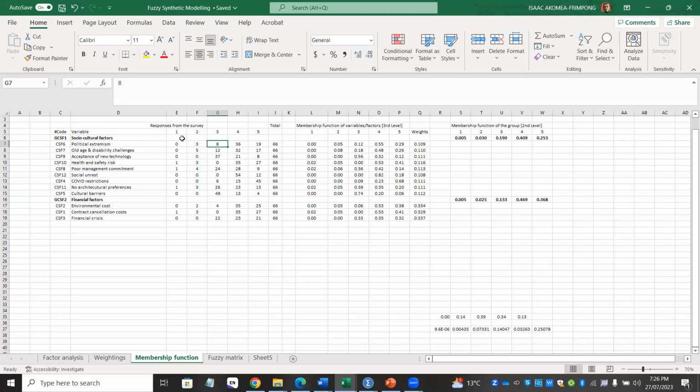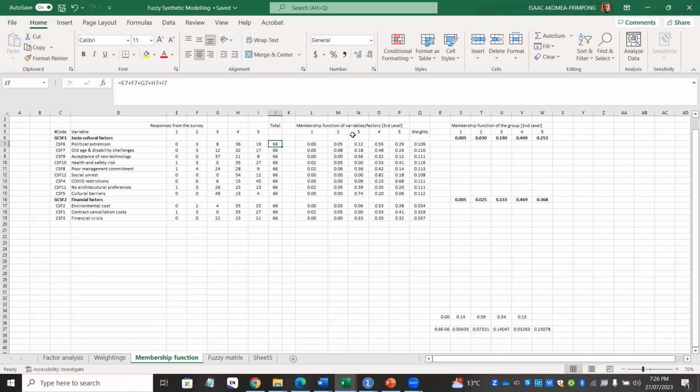Okay, so this is the response, the Likert scale. We got all these people to respond. Then the total adds up to 66. Okay, so as you can see, I've done that. This is 66.